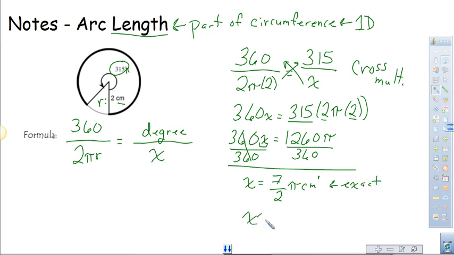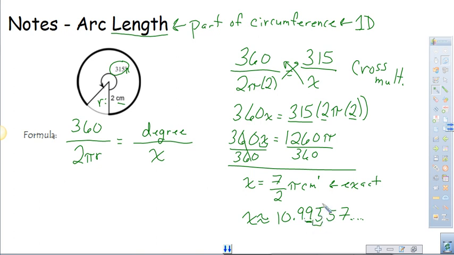And our approximate answer, 7 divided by 2 times pi, will give you 10.99557, blah, blah, blah. So if we are still rounding to the hundredth place, we've got to look at the next one over.